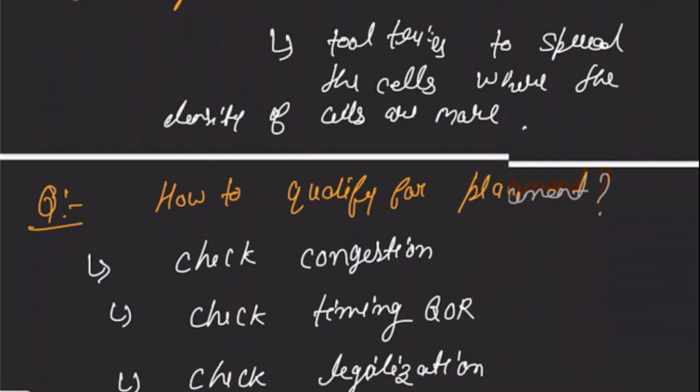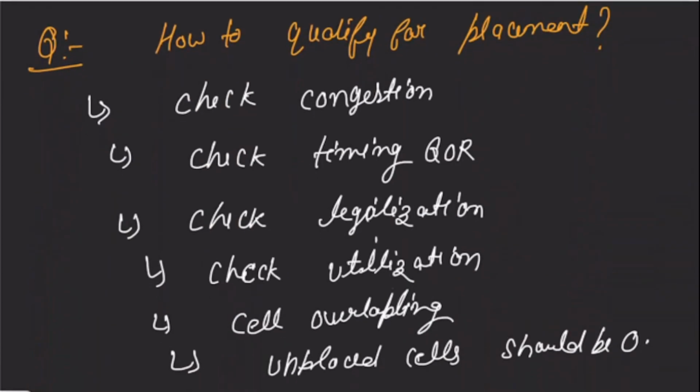Now next question is how to qualify the placement. Once our placement is done, how can we tell that our placement is qualified for the next stage or not? Check congestion. To check congestion, we use the command report_congestion. Check timing.